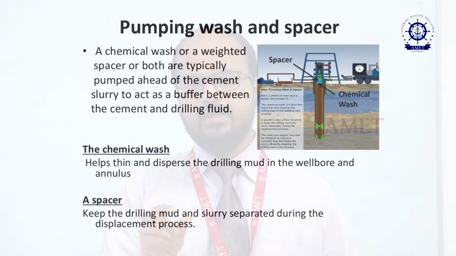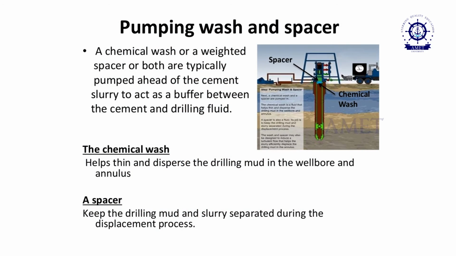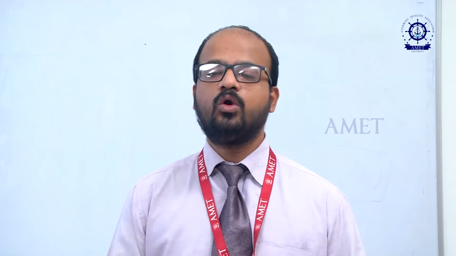Disperse means we have to completely break it down into small pieces. So for that I have to use this chemical wash. If I use this chemical wash, the thicker cake becomes very thin, and it becomes like a gel, or semi-solid. So it can be easily pumped once we go with the cementing.